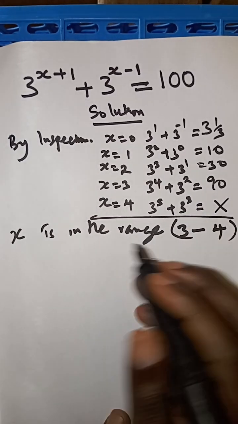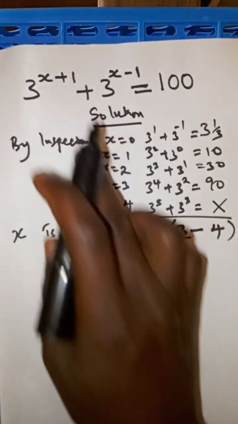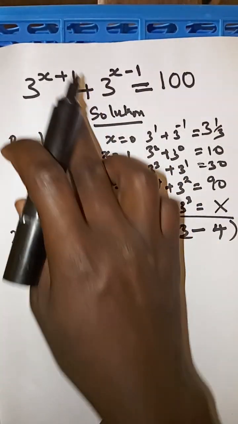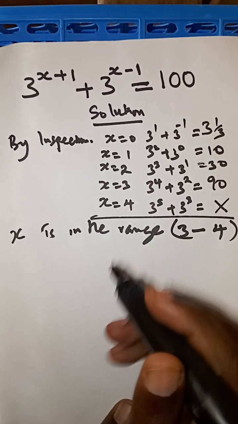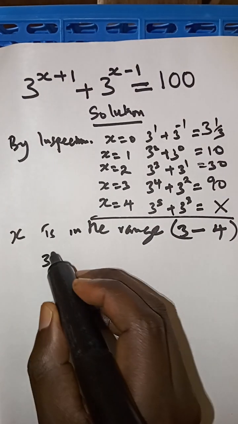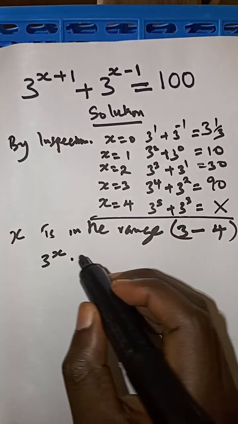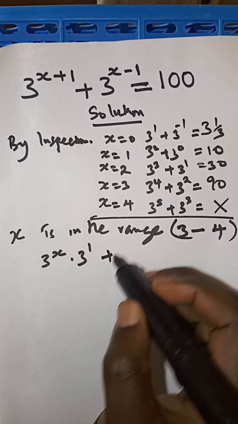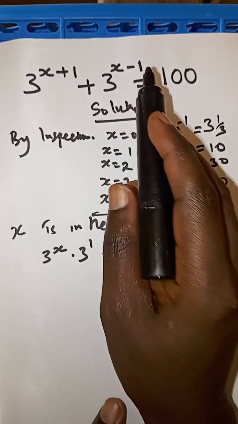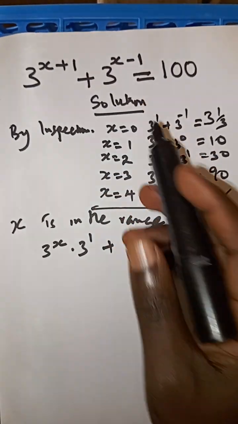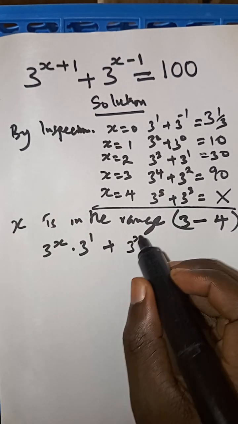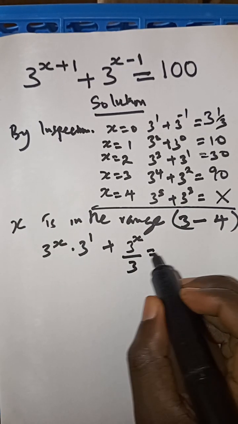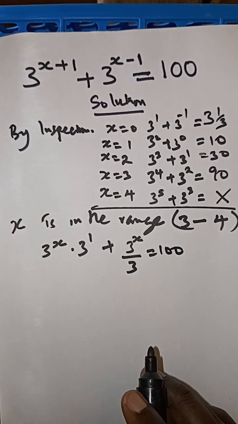So applying the laws of indices and exponents, when the powers are added, then this is going to be separated by multiplication, as 3 to the power x multiplied by 3 to the power 1. And when the powers are subtracted, then this is going to be divided as 3 to the power x divided by 3 is equal to 100.